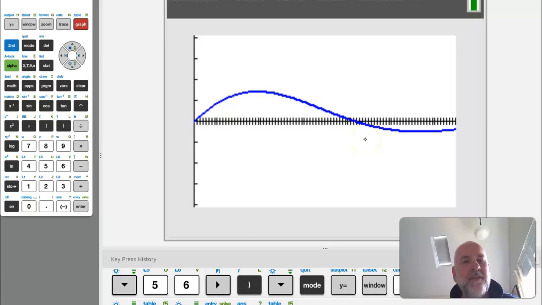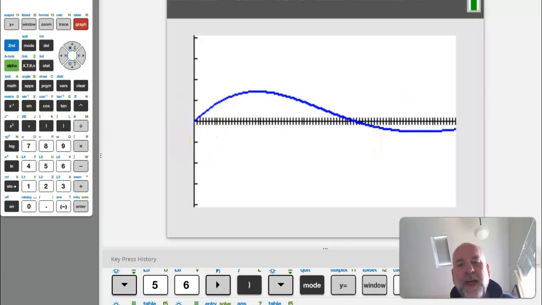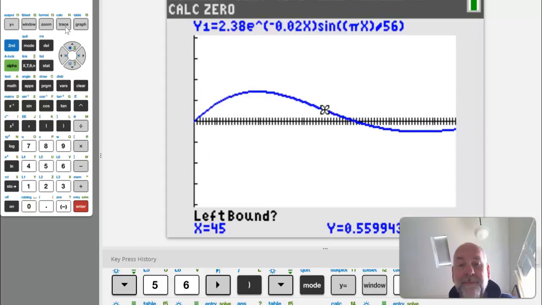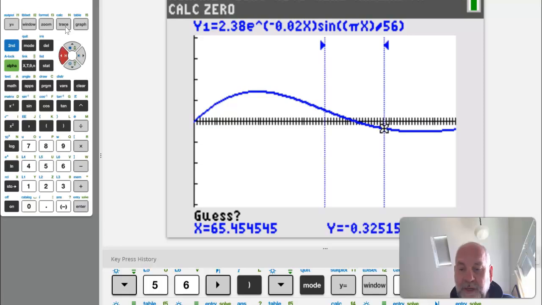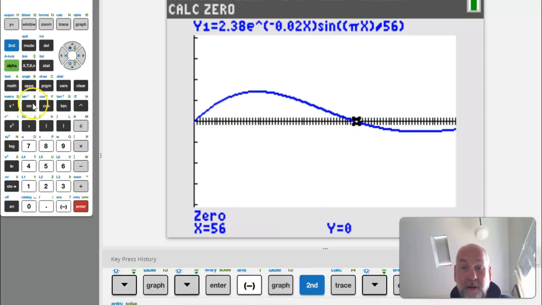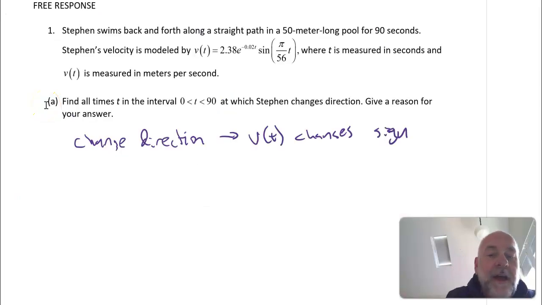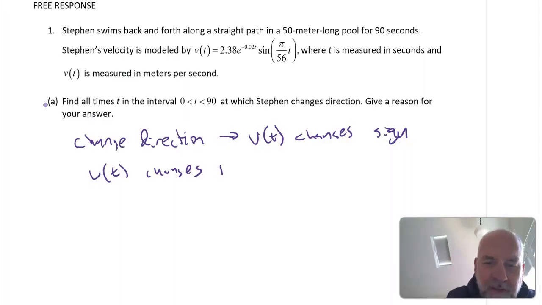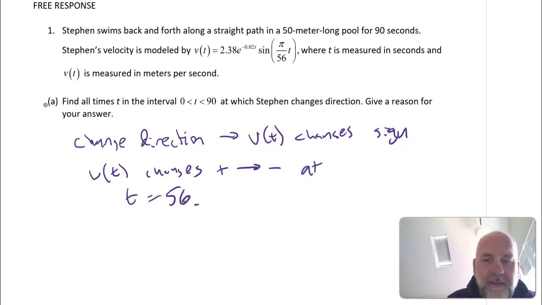Some people are approximating. You could put a line at 0 and find the intersection, but I use the zero button. That's too small of an x value. That's too big, and it's somewhere between. Oh, it's 56 on the nose. V of t changes, and you didn't have to say the sign it changed, but just for old habits, I'll say positive to negative at t equals 56.